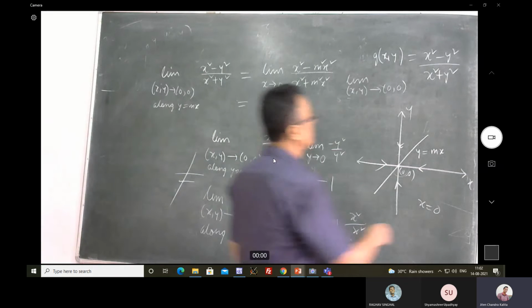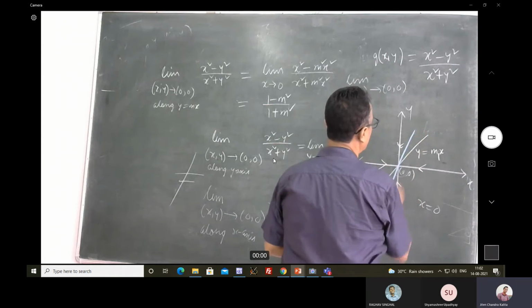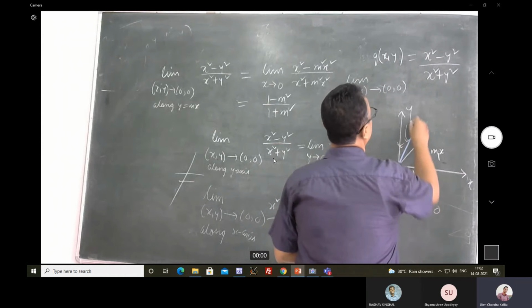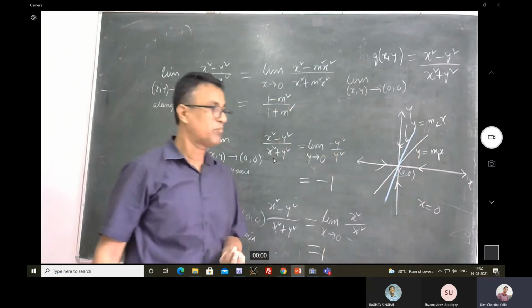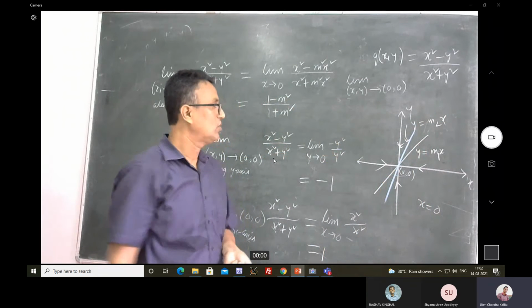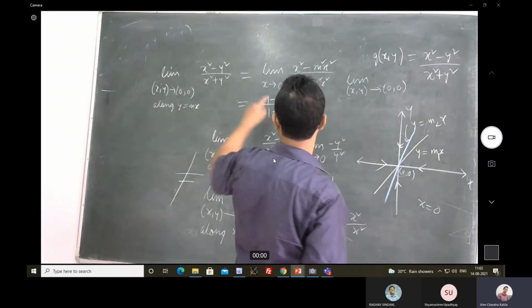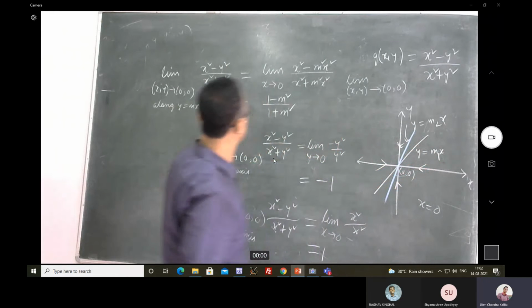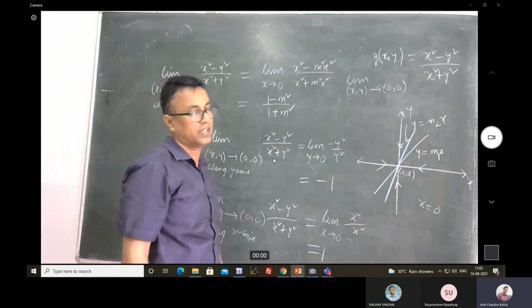For some y equal to m1x, this will be my straight line, and for some y equal to m2x, this will be my straight line approach, right? So for all those different approaches, for different values of m, you are going to get different values of this limit. That is why this limit doesn't exist.